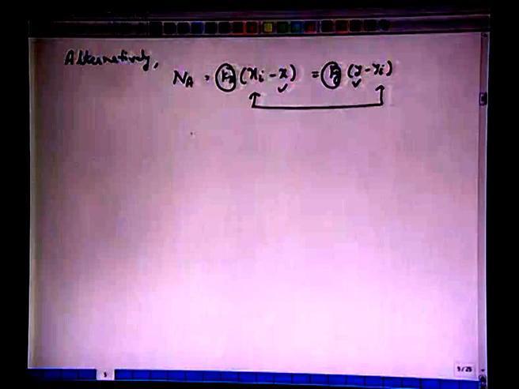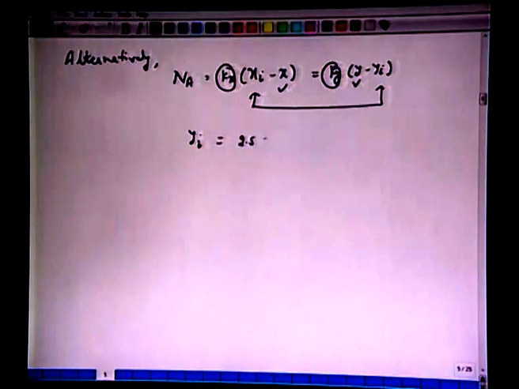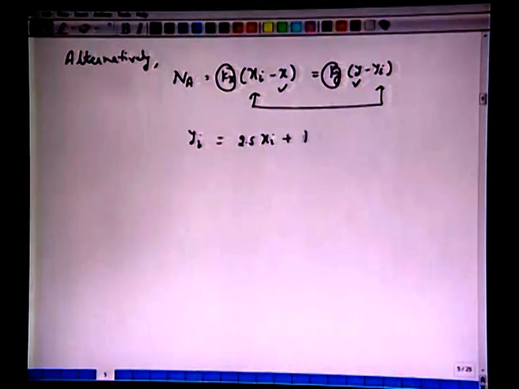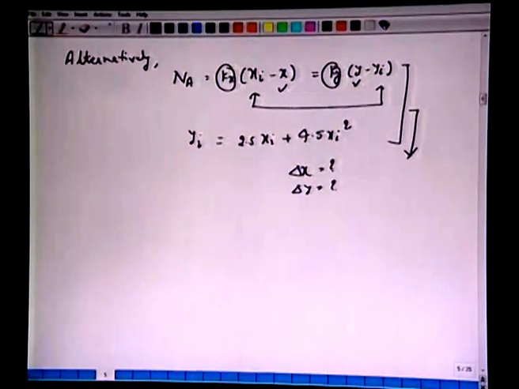So, kx is given to us, ky is given to us, x is given to us, y is given to us. Yi and xi we are supposed to calculate. So, one equation, and we have another equation, the equilibrium curve: yi equals 2.5 xi plus 4.5 xi square. Now, you can imagine solving these two equations analytically may be cumbersome, but as an exercise you must solve them to get the same results for del x and del y as the driving forces here.